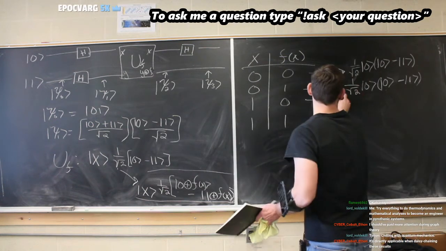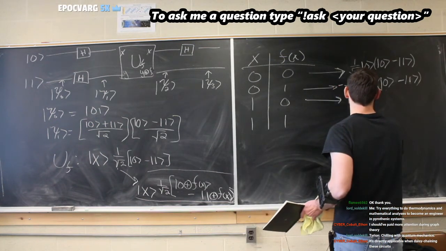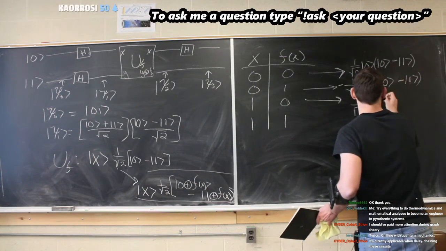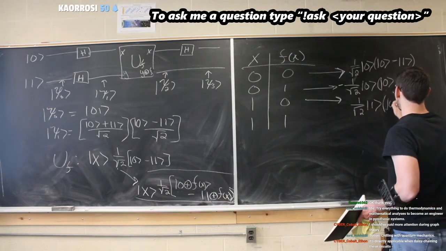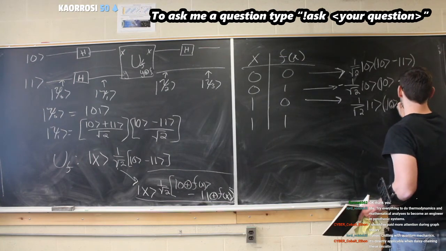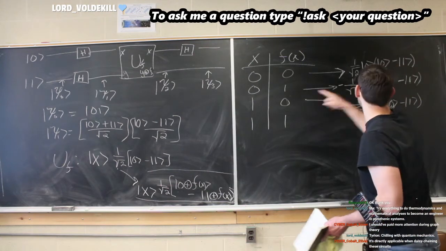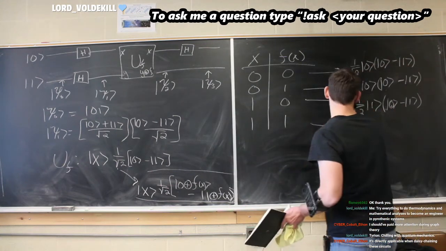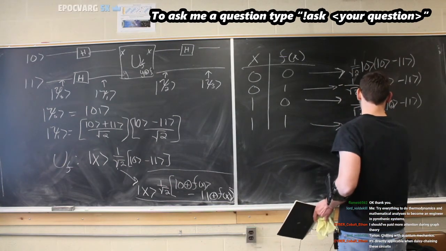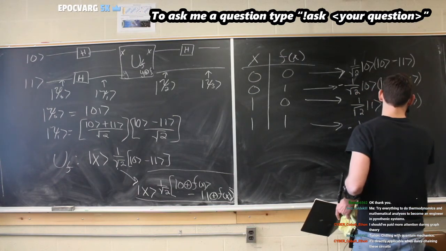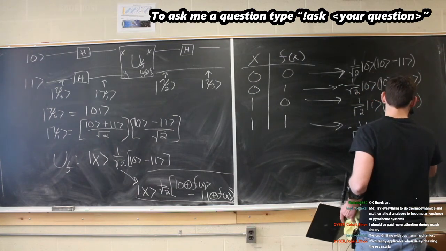We're going to do the same thing for the last two as well. 1 over the square root of 2, 1 this time for x, and then our state is 0 minus 1, because our f of x is 0, so this side stays the same. And lastly, we have minus 1 over the square root of 2 times the 1 state times the 0 state minus the 1 state.